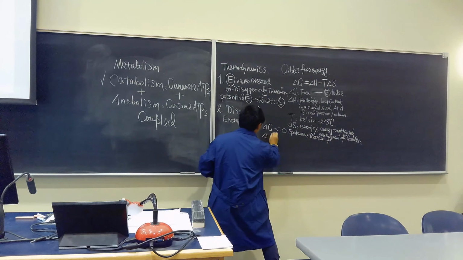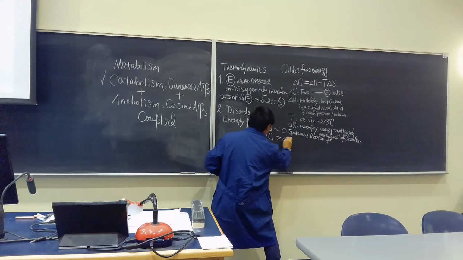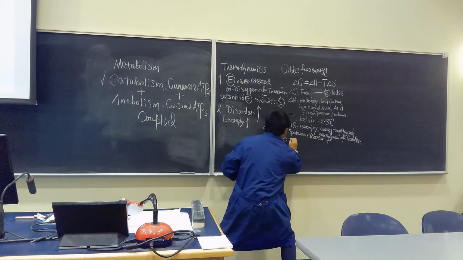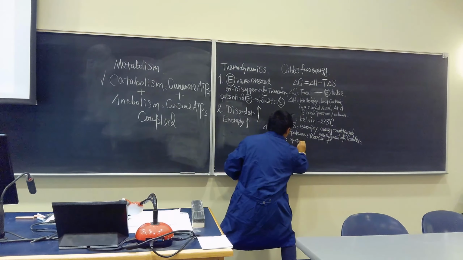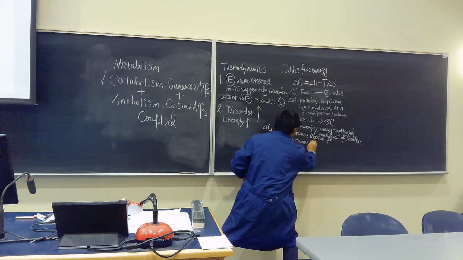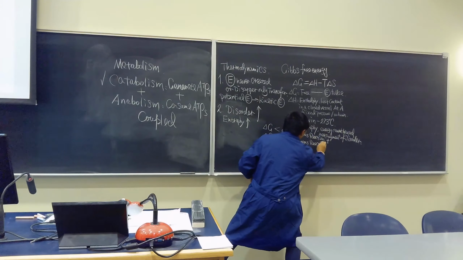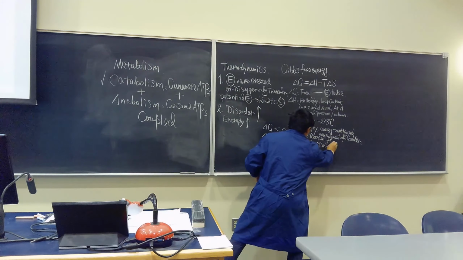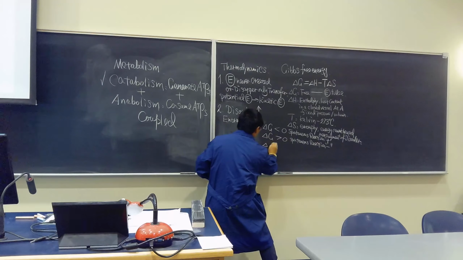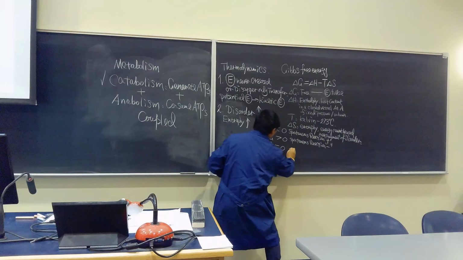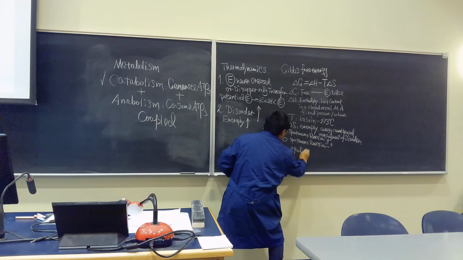If the delta G is larger than 0, the spontaneous reaction will not happen. So I just write negative. And sometimes delta G equals 0, which means equilibrium.